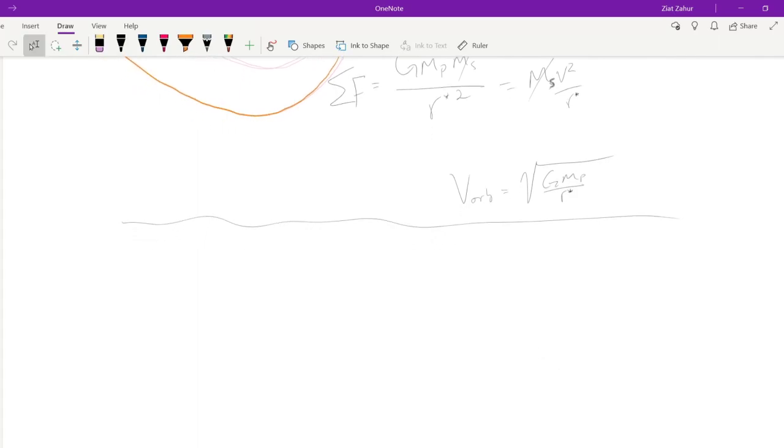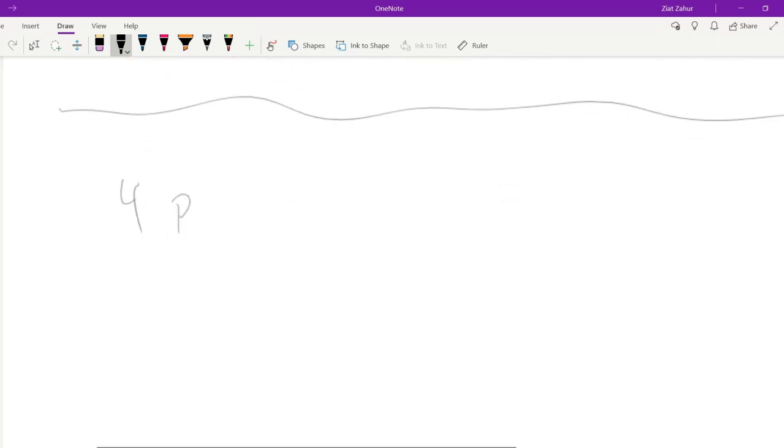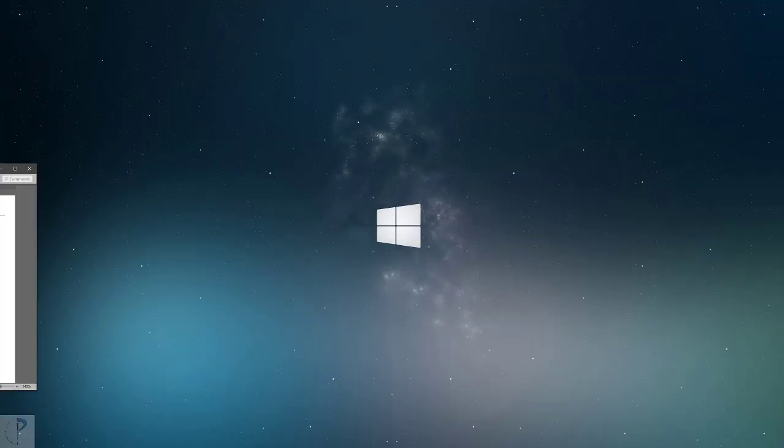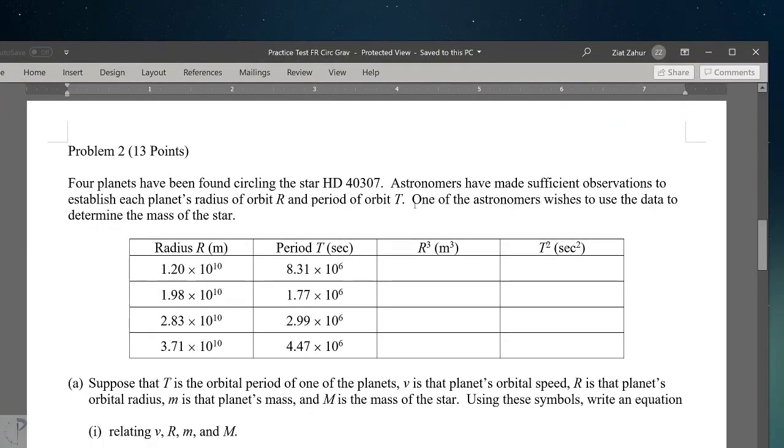It says 4 planets have been circling a star. Actually, I'm just going to pull it up on screen. I have it here. I don't want to write it. PowerPoint. Boom. Here it is. 4 planets have been found circling the star HD 4307. This was provided by the College Board.